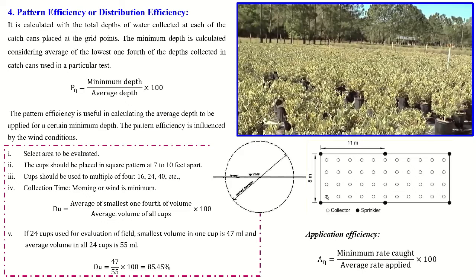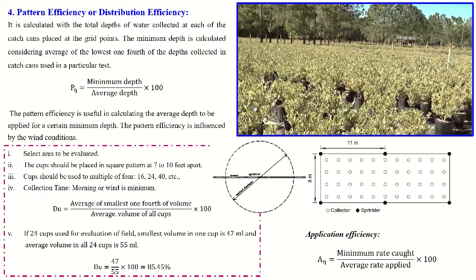These dots are the collectors, which we call cups. The number of cups should be a multiple of 4, like 16 cups, 24 cups, 40 cups, or 54. The collecting time should be in the morning, or when there is minimum wind condition during the entire day.